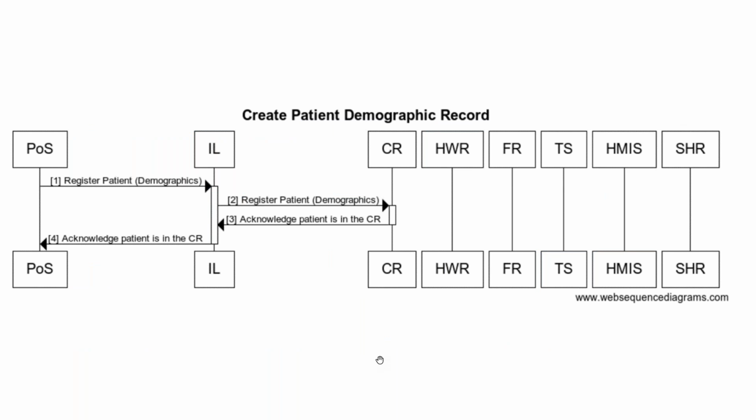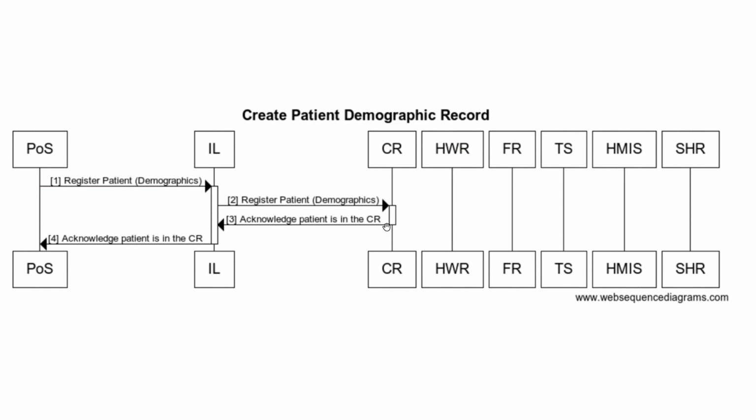So in creating a demographic record, this is the workflow. From the point of service, you just register the patient, and then it will pass through the interoperability layer. From the interoperability layer, it will then go to the client registry, so that it will register the patient demographics in the client registry.